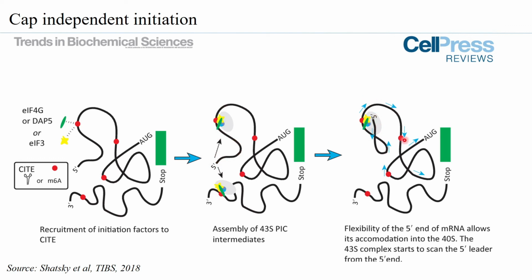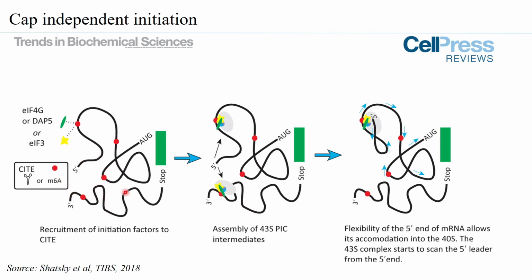You can see how it does so. And from this point on, the pre-initiation complex scans the 5' UTR until it reaches the AUG. Once it reaches the AUG, it will form the initiation complex. So here you can see that this RNA does not have a 5' cap. It has a 5' end, but it does not have a 5' cap.